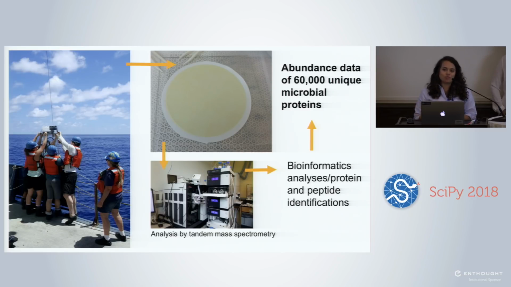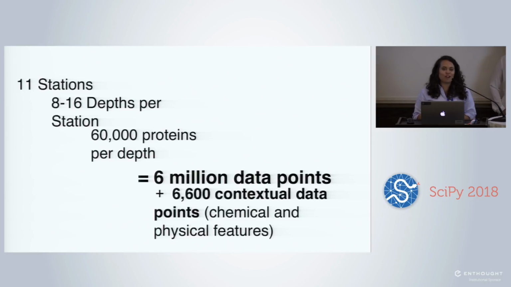The data then goes through a series of bioinformatics and statistical pipelines. Finally, what we generate are spreadsheets of 60,000 or more microbial proteins and their relative abundance at different locations and different depths in the ocean. This creates a major bottleneck for us and our collaborators who are trying to then make sense of what this means about ocean health.